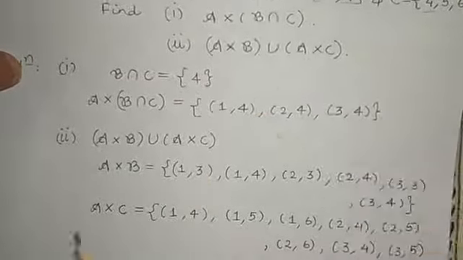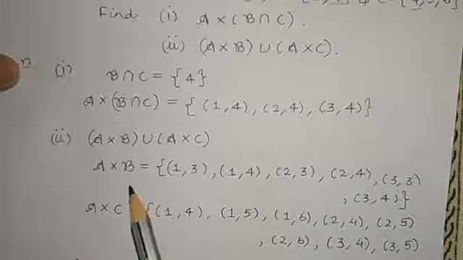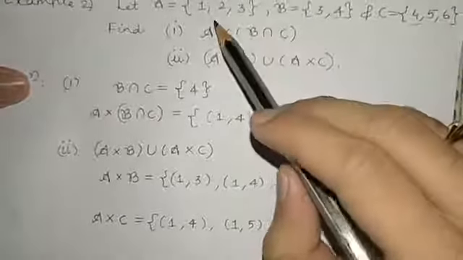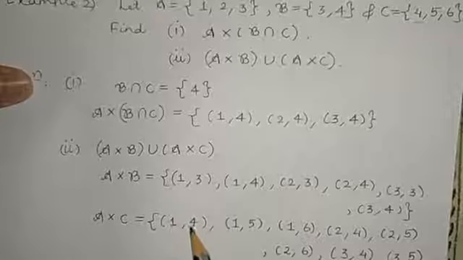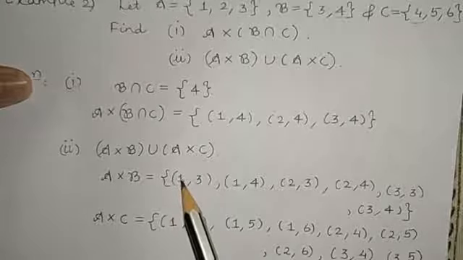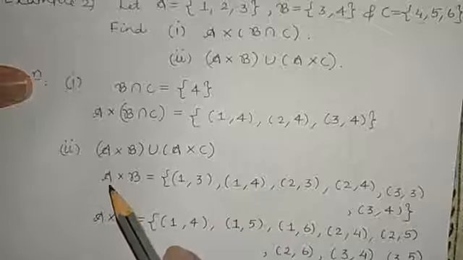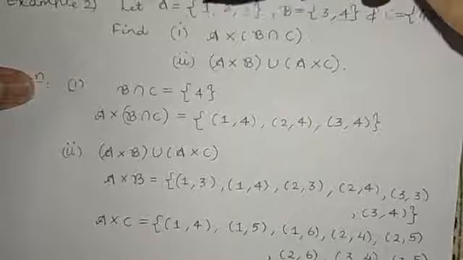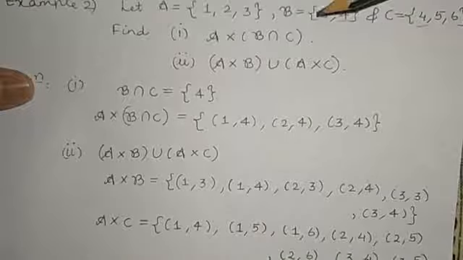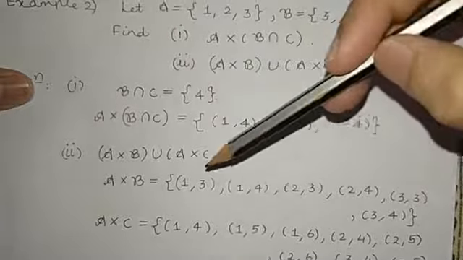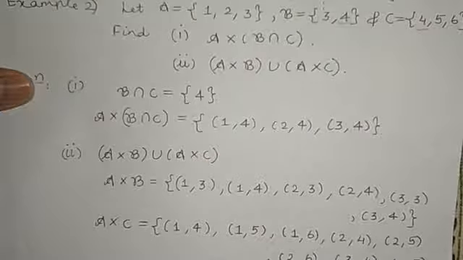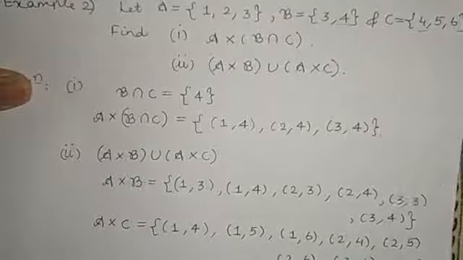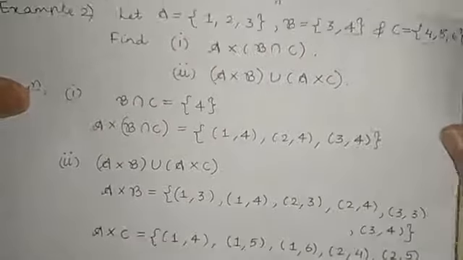So what you do here is first find A cross B. A cross B is nothing but the elements of the type (a, b), where a is from the set A and b is from the set B. We can take (1, 3), then (1, 4), then (2, 3), (2, 4), then (3, 3), (3, 4). So you got the set A cross B.